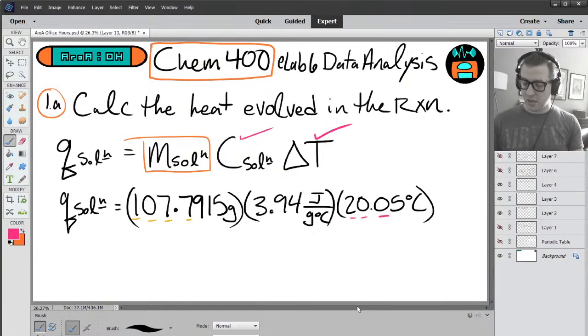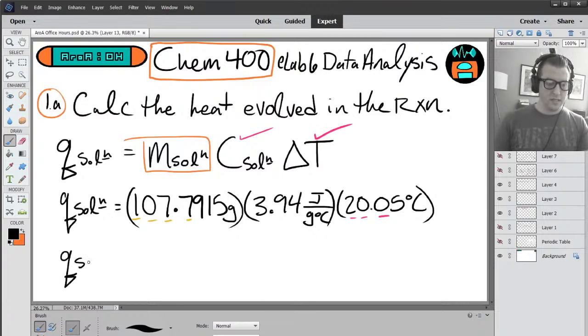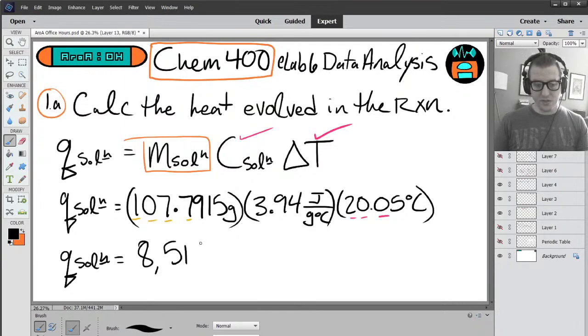So now we can multiply all of these together. We have our mass times our specific heat capacity times our change in temperature, which gives us the heat absorbed by our solution is equal to 8,515.20513.